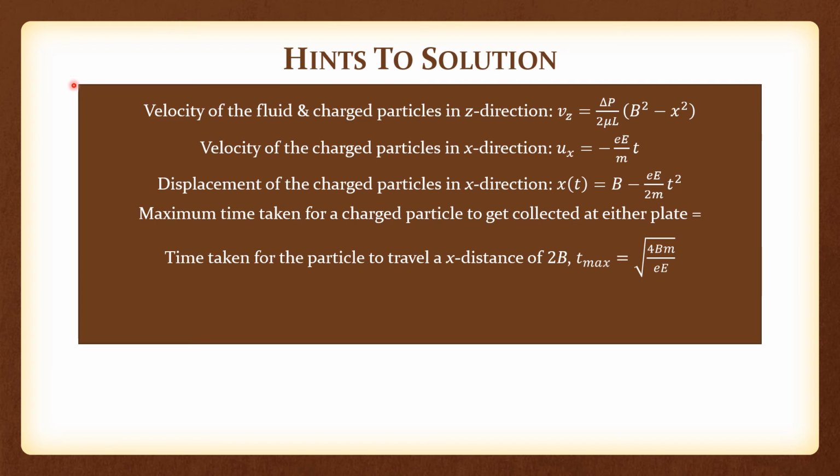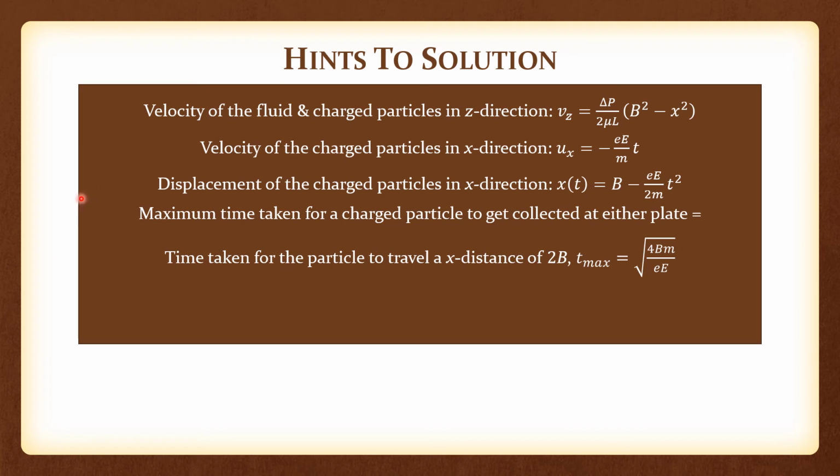Now the maximum time taken for a charged particle to get collected at a plate is basically the time taken for a particle that is entering at the top of the flow region, which is x equal to b, and it has to reach all the way to x equal to minus b just as the fluid it is present in exits the region between the two parallel plates. Okay, so this is the maximum time taken.